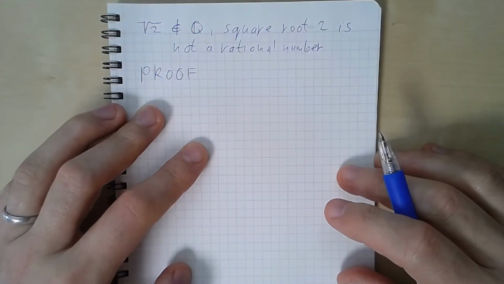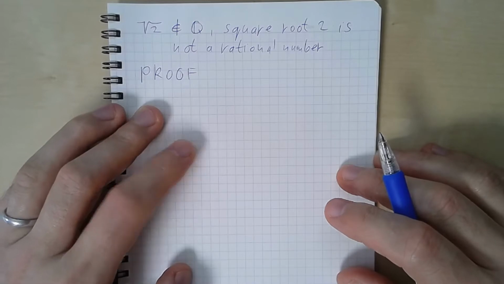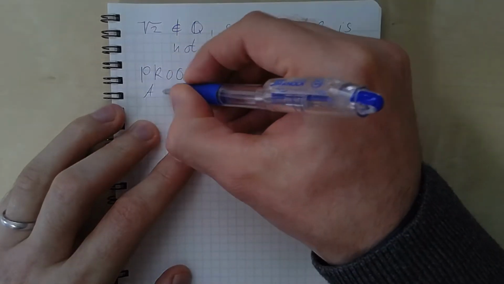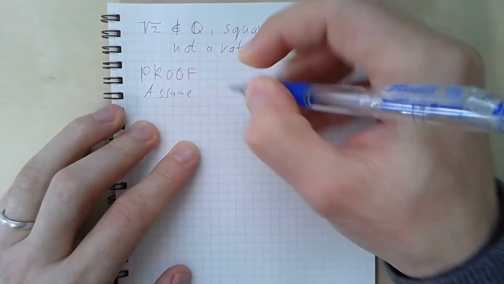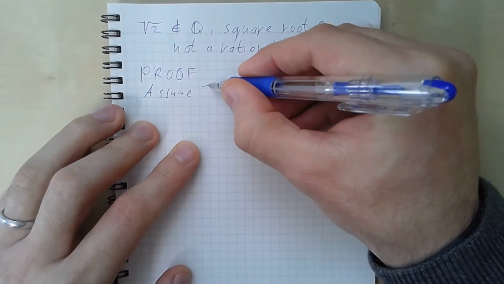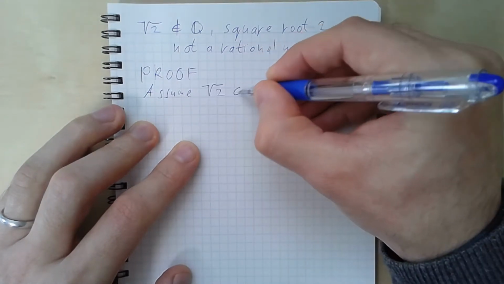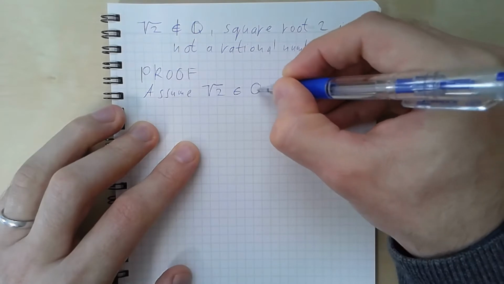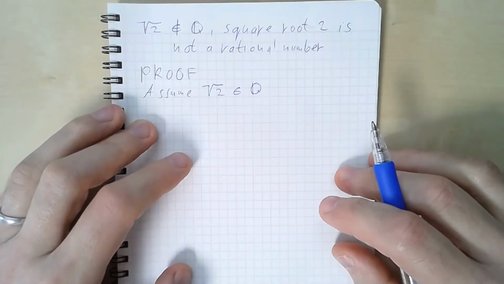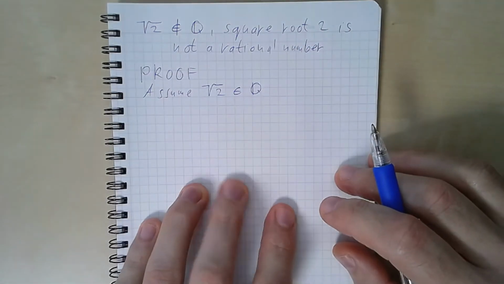So this is how it goes. Well, we actually assume the opposite. So let's assume that square root 2 is actually in the set of rational numbers. So what does that mean?